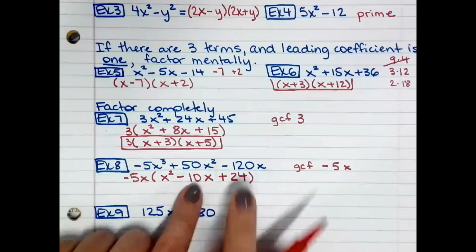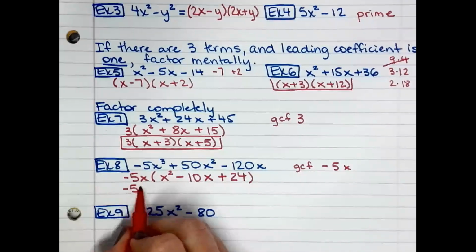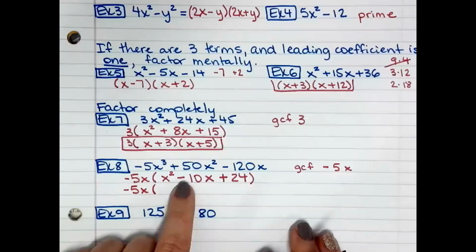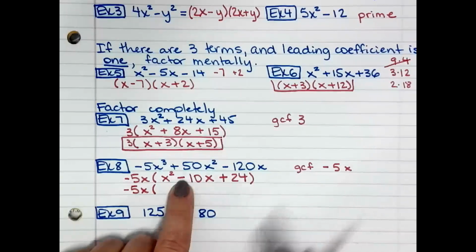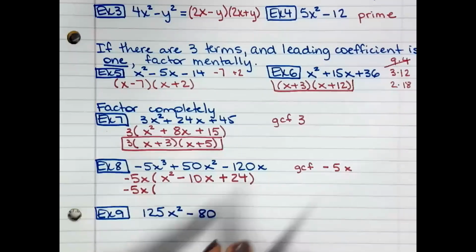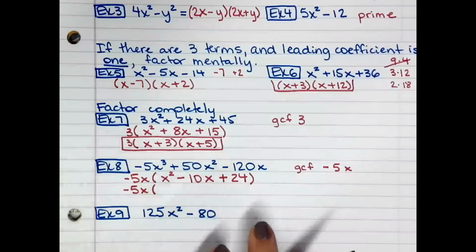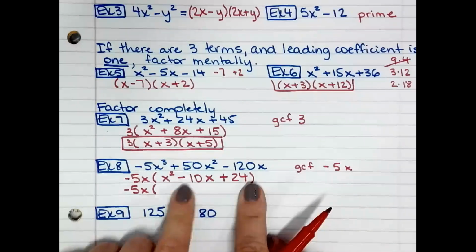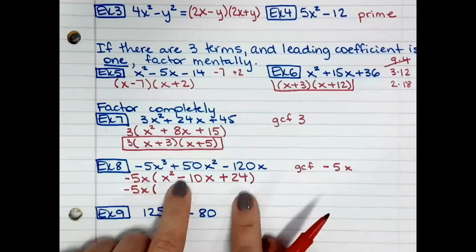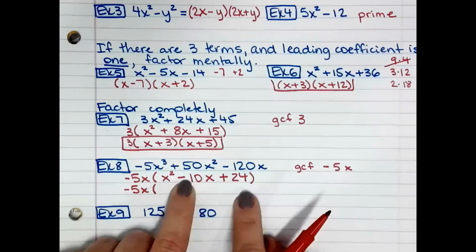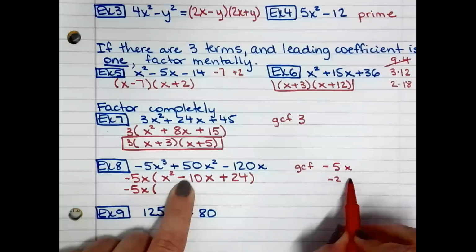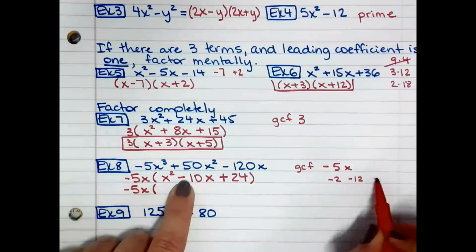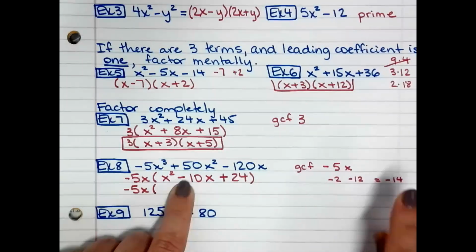Now I have to keep factoring here. GCF doesn't go away, so that negative might be tricky. So be careful. I know 2 and 12 multiply to 24. But those 2 numbers, they have to add up to the one in the middle. They have to be negative to add up to negative 10. But negative 2 and negative 12 added together, that's negative 14.